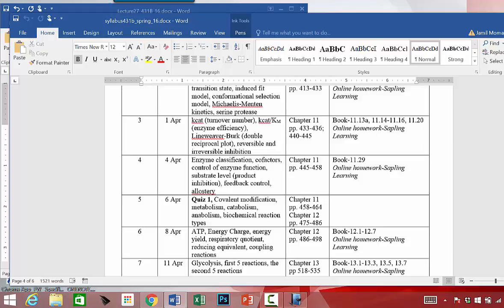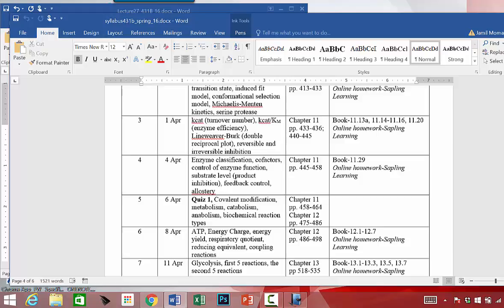When you look at a reaction now, you'll be able to distinguish those from each other. We also talked about how oxidation number is a good way to determine whether you have an oxidoreductase or not. So figuring out oxidation number. And there was at least one problem on that, so that's very important.